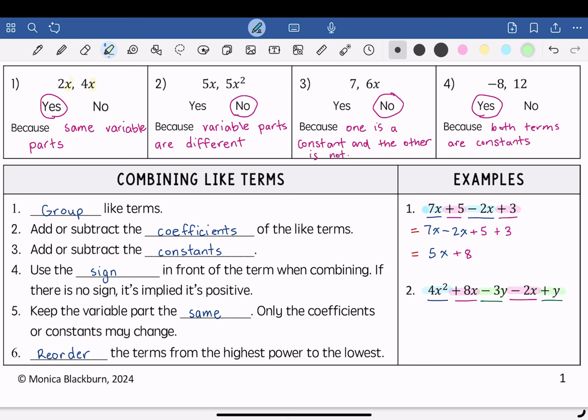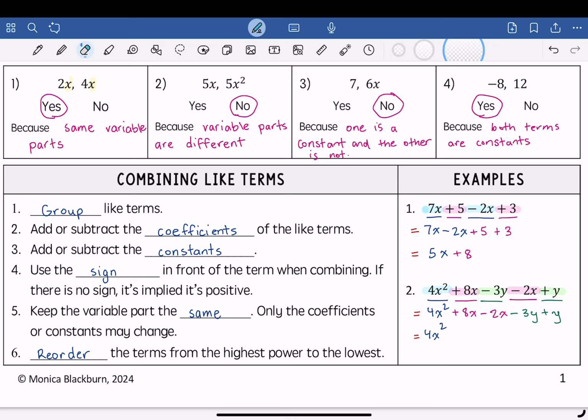So step 1, I'm going to group them. I'll rewrite them. 4x to the power of 2, then plus 8x minus 2x, minus 3y plus y. So now for the like terms, I can add or subtract the coefficients and add or subtract the constants, which is equal to 4x to the power of 2.